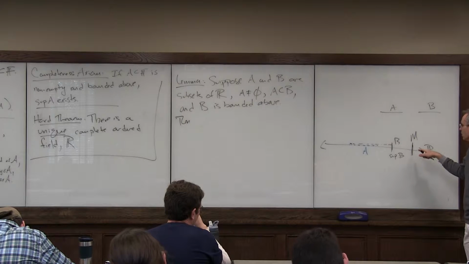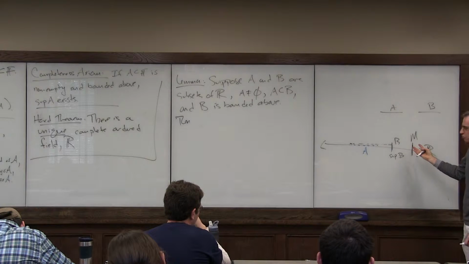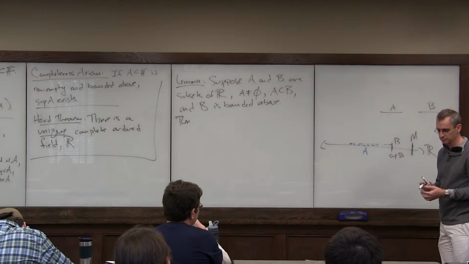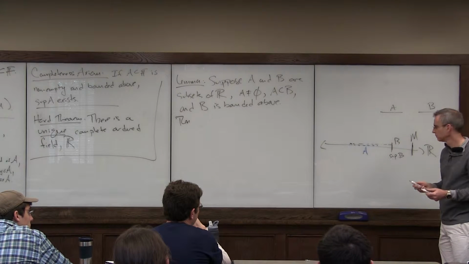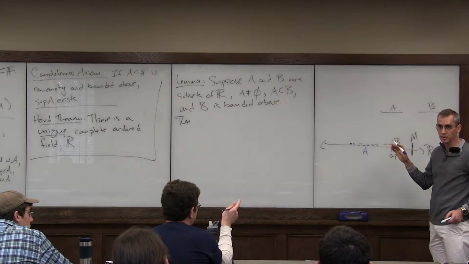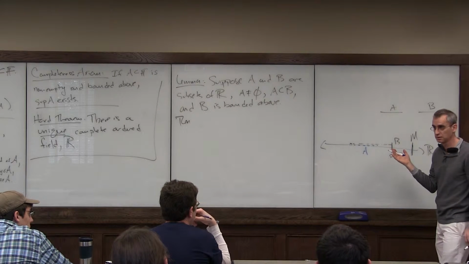Okay, so from this picture, what can you tell about the relationship between A and M? Well, let's forget supremum because we can't even talk about the supremum of A until we know what? M would be an upper bound.